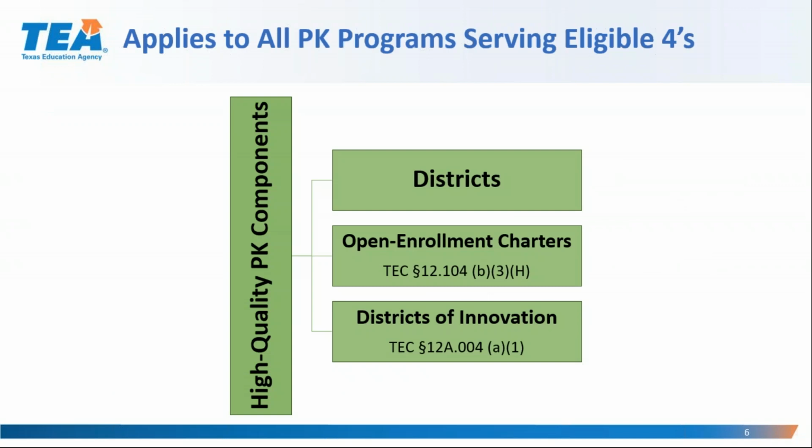Please also note that the high quality pre-kindergarten components are applicable to all programs, districts, open enrollment charters, and districts of innovation that serve eligible 4-year-old students using foundation school program funding. And you will note here on the slide that there are some statute references in case you are wanting to see that in statute.